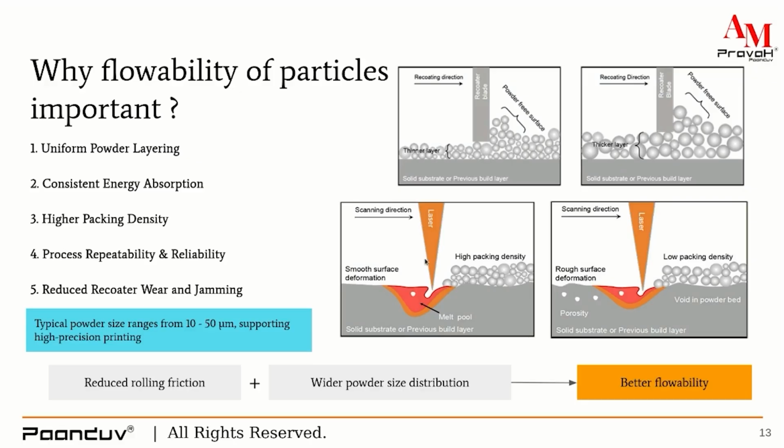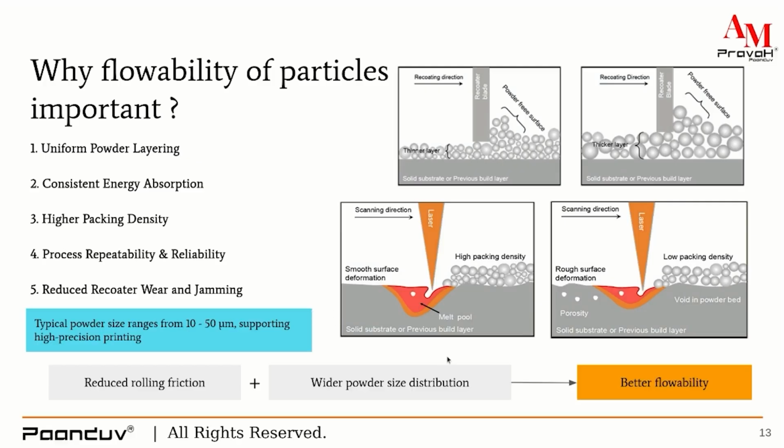Similarly, when you use laser on top of it and you create the melt pool dynamics, you will see that because of the lower packing density, because of the lower contact surface area between these particles, the porosity will be higher in lower packing density cases, whereas it will be lower in case of high packing density cases.